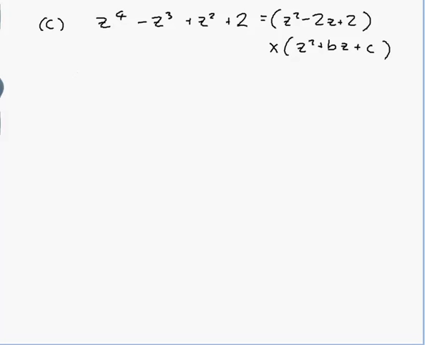So if I observe the constant terms, I get 2 on the left-hand side is equal to, now let's just have a look at this. The only way to get a constant term on this side would be to choose the 2 from the first bracket and the c from the second bracket, because otherwise I'd end up with a z in it and that wouldn't be a constant term anymore, so that would be 2c. And so c is 1, so that's good.